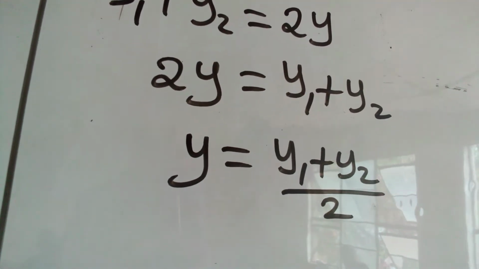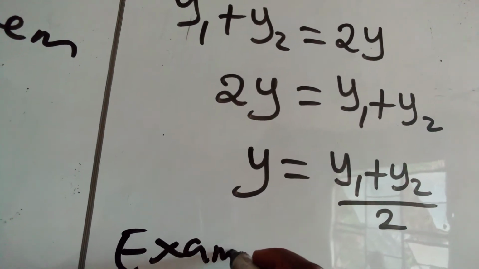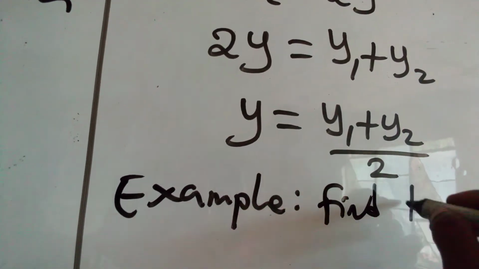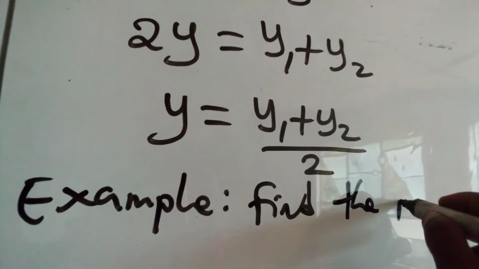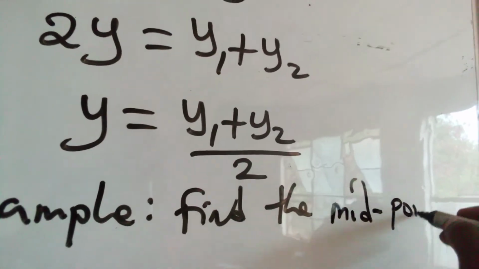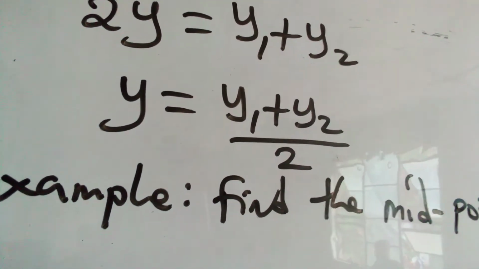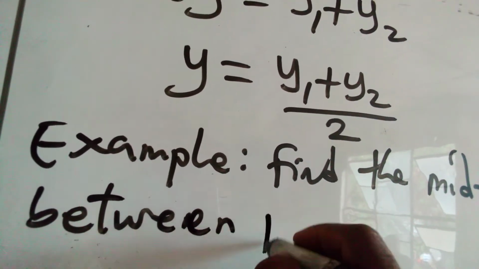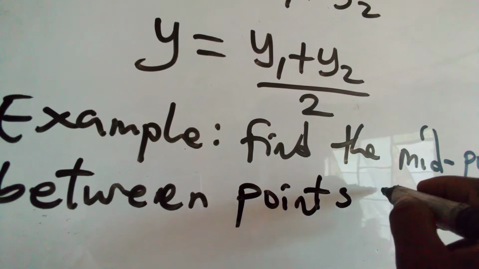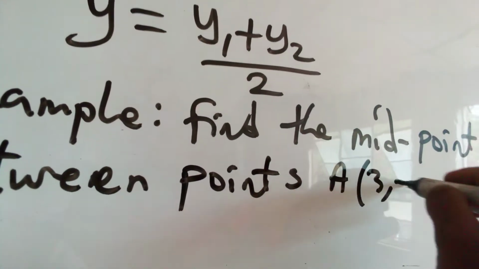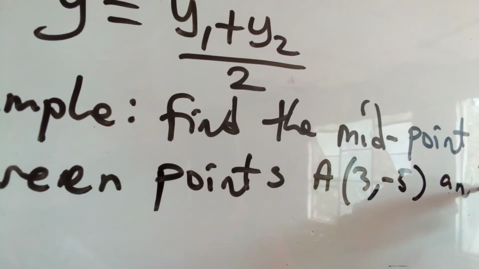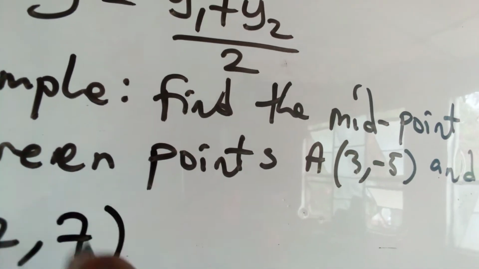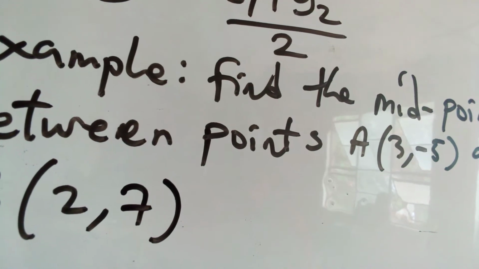Let us now start to apply it. Example. If you are asked to find the midpoint between points A, 3 and minus 5, and point B, 2 and 7. Let us see how to get it.